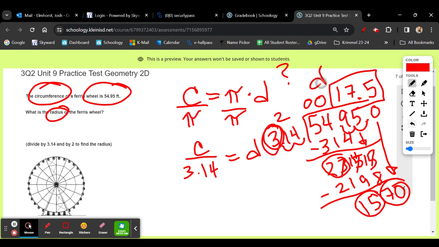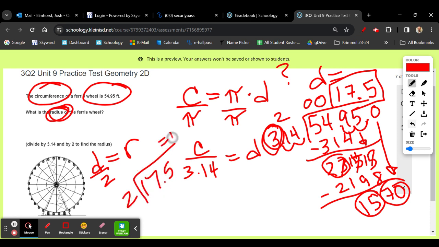So this is the diameter, but it's asking for the radius. So diameter divided by 2 equals the radius. So we have 17.5 divided by 2 will equal the radius.